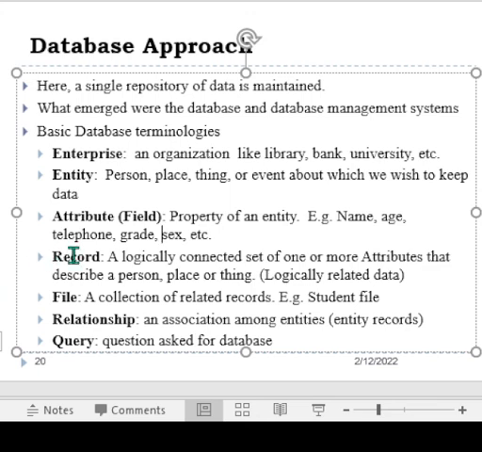The other one is record. A logically connected set of one or more attributes that describe a person, place, or thing is what we call logically related data.